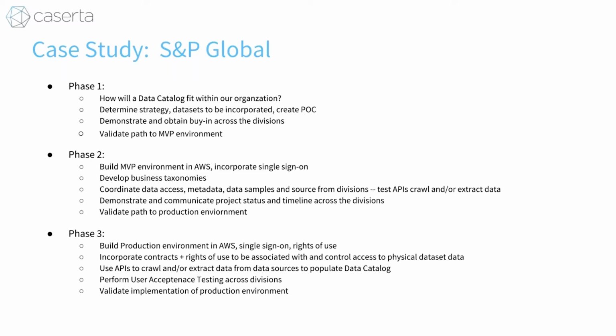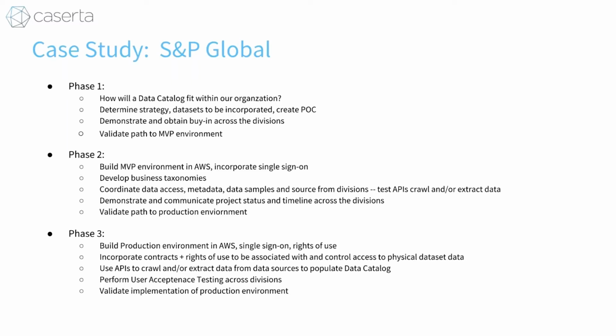So we actually took that and built that out with S&P and demonstrated it through a POC idea or concept. We built something in an AWS environment and demonstrated through these different requirements, different understandings, what a catalog might look like and how a user actually might interact with that catalog.